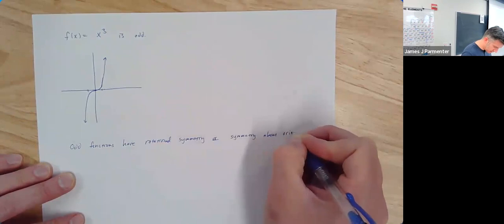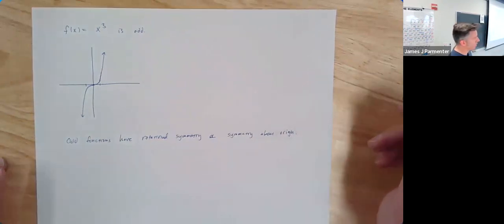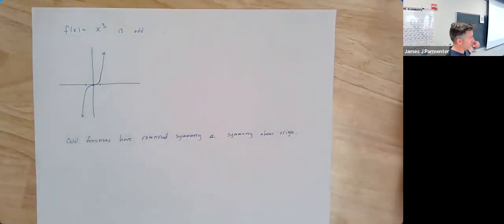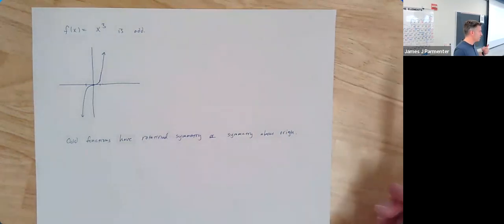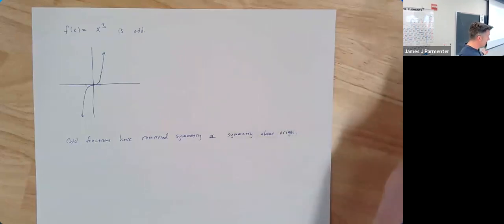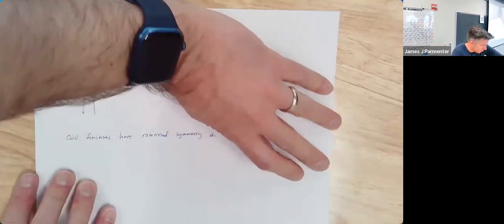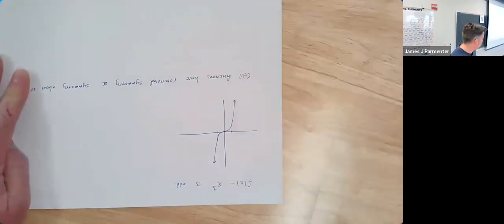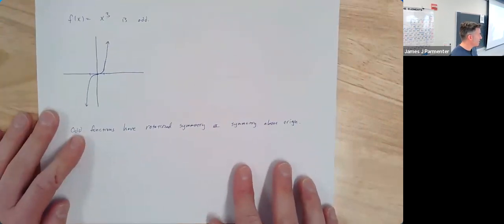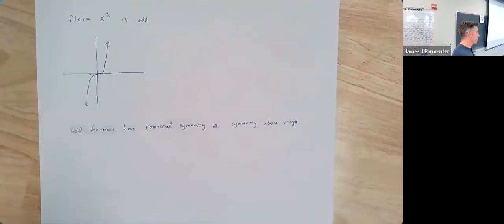If you think about the rotational way, if you rotated this graph 180 degrees, either clockwise or counterclockwise, about the origin, it would look the same. Or if you were to reflect it in both the x and the y-axis, it would look the same.